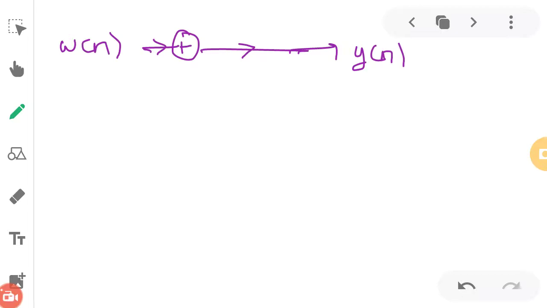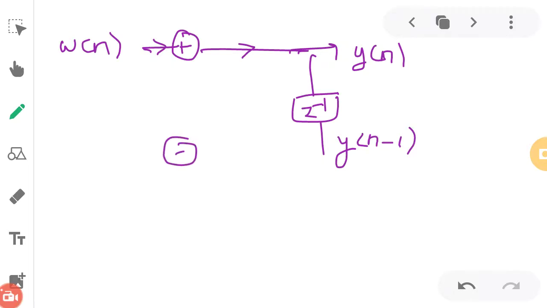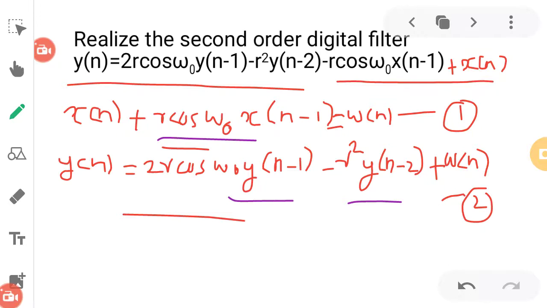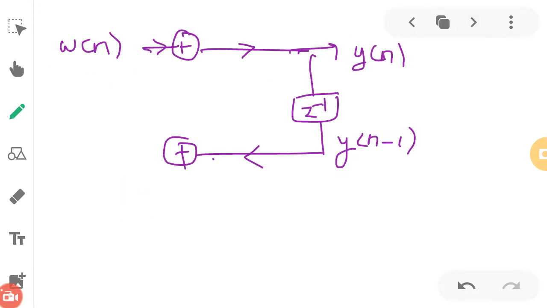Now, the first term, y of n minus 1, I have to find. For that I will take the Z inverse, and this will be y of n minus 1, with the coefficient 2r cos omega 0. Okay, that's why the magnitude will be 2r cos omega 0.